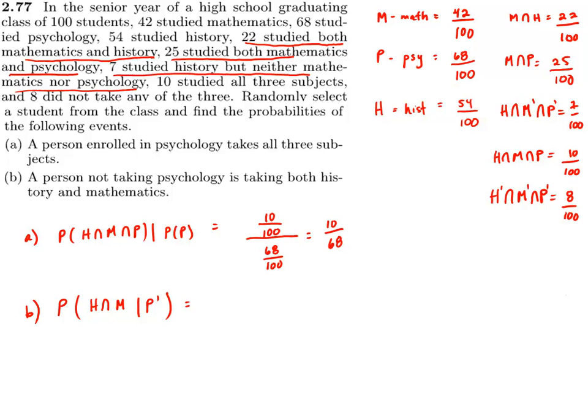Okay, so the probability of not taking psychology is the complement of this 68, so that will be 32 over 100.